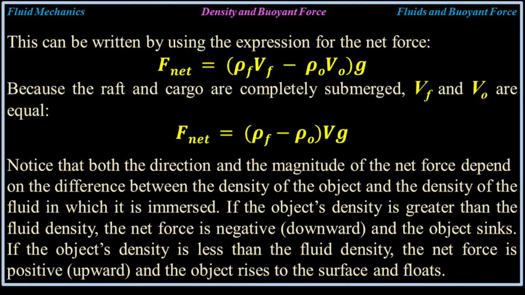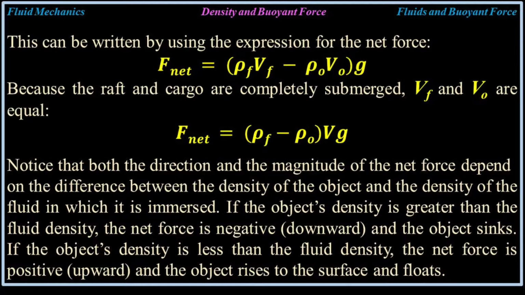F net equals the quantity rho f minus rho naught, times Vg. Notice that both the direction and the magnitude of the net force depend on the difference between the density of the object and the density of the fluid in which it is immersed.